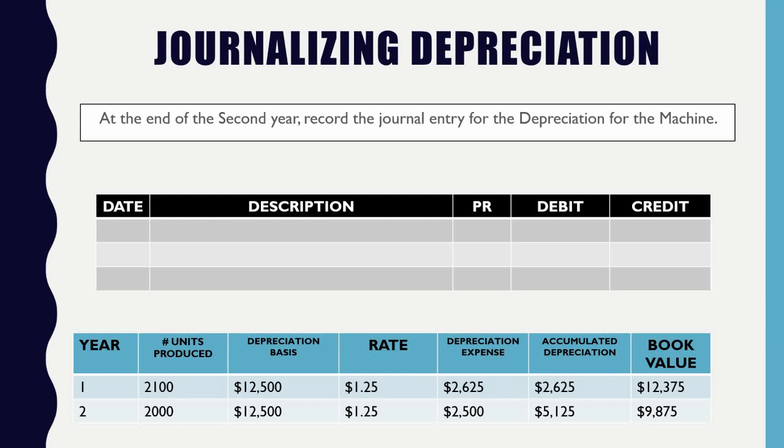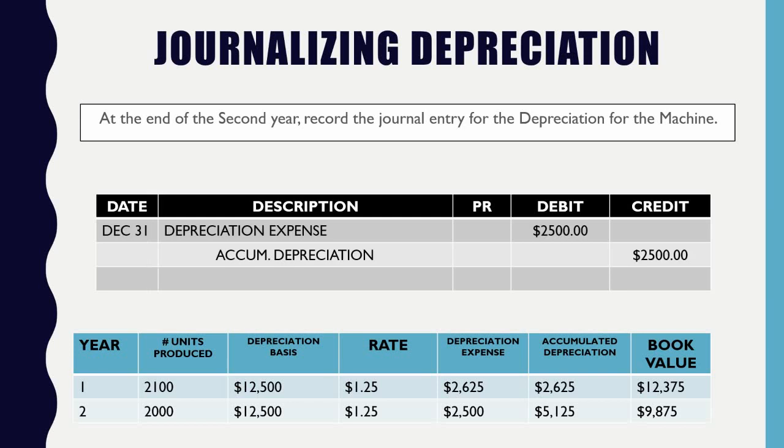How would I journalize my depreciation for year 2? With a debit to depreciation expense and a credit to accumulated depreciation. For what amount? 2,500. That's correct.